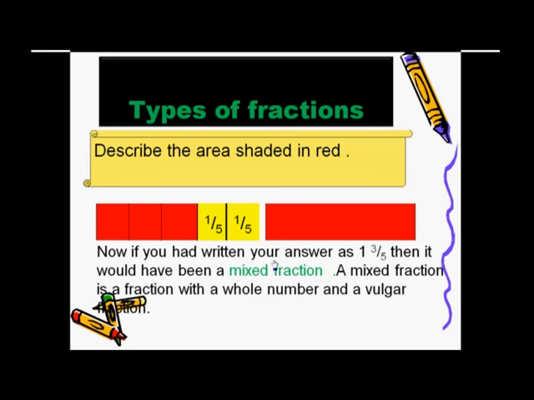Now, if you had written your answer as 1 3/5, then it would have been a mixed fraction. Now, what's a mixed fraction? A mixed fraction is a fraction with a whole number and a vulgar fraction. So here we have a whole number and a vulgar fraction. Now, a vulgar fraction, of course, is where the numerator is smaller than the denominator.